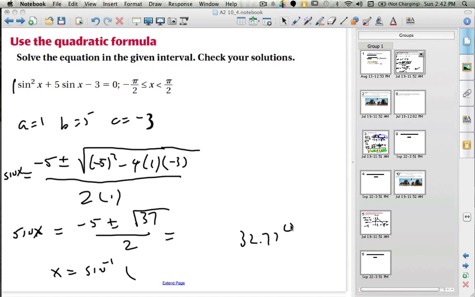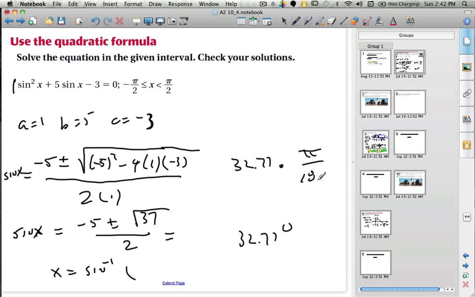So if I have my 32.77 degrees, I'd have to convert that to radians, right? 32.77 times pi over 180. Right? And you know this is going to occur in more than one place, right? Potentially.